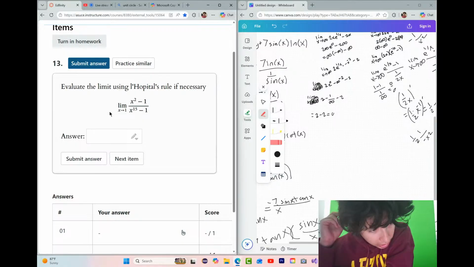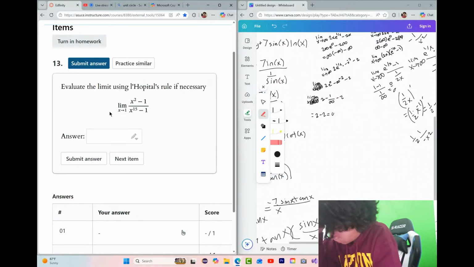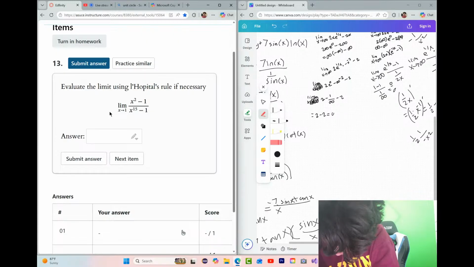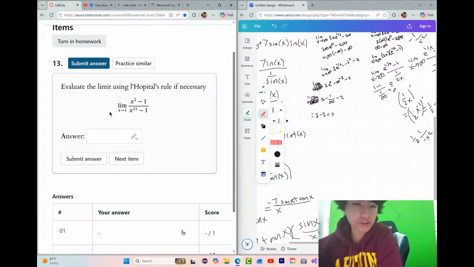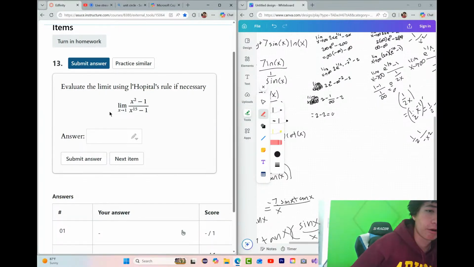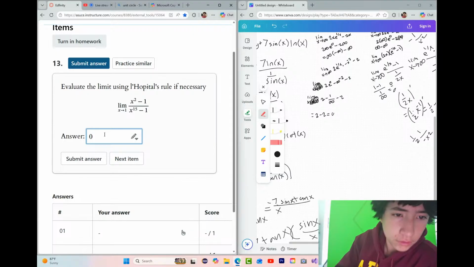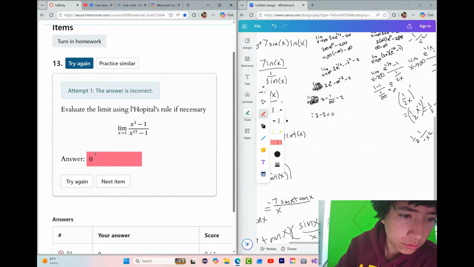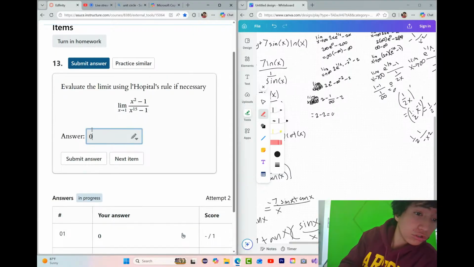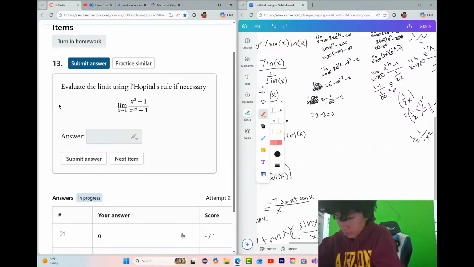We get an indeterminate form. So what we do is apply L'Hopital's rule. Oh wait, we kind of get 0 for this one as well, right? Since we have x to the power 15. Okay, so it looks like it doesn't work. So let's continue.